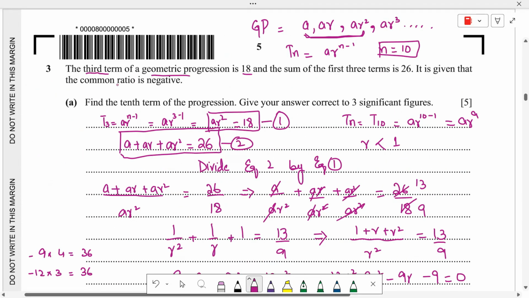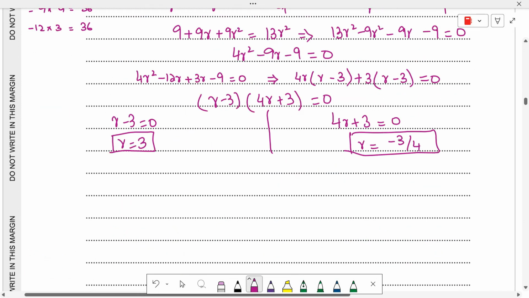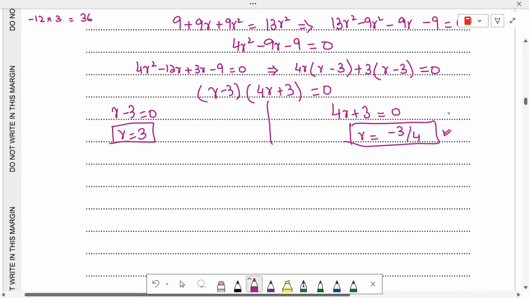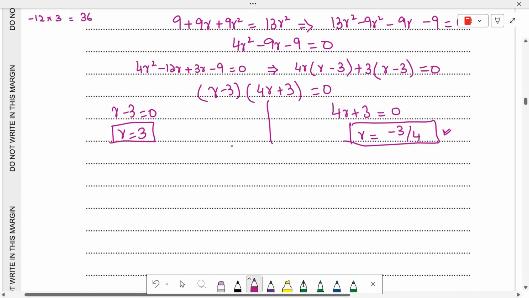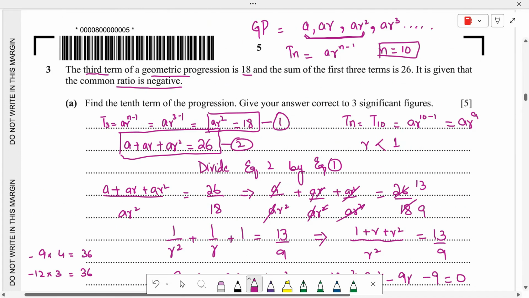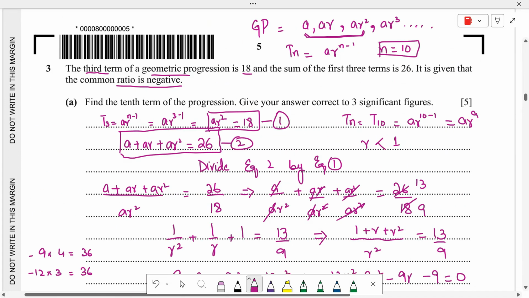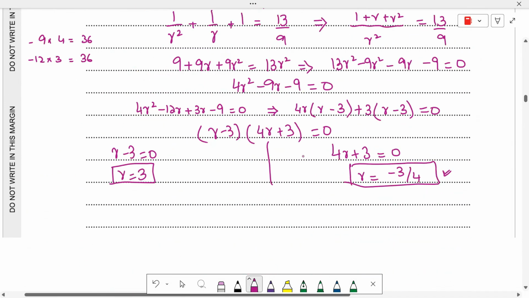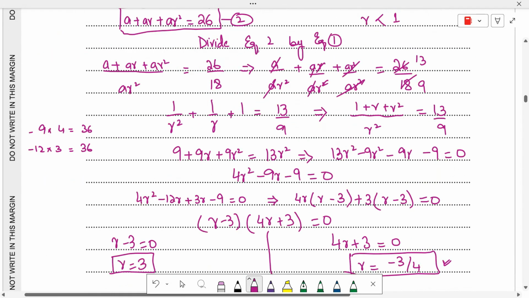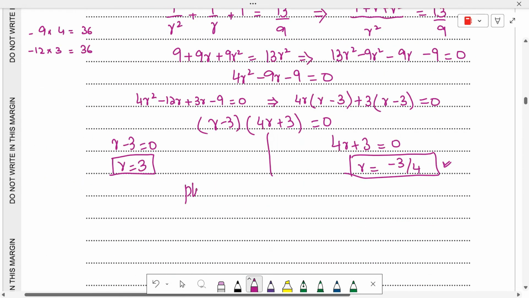It is given that the common ratio should be negative, so we will consider this one. So we have calculated the value of r. Now we need to find the value of a, the first term. So we will plug r equal to negative 3 over 4 into equation 1.